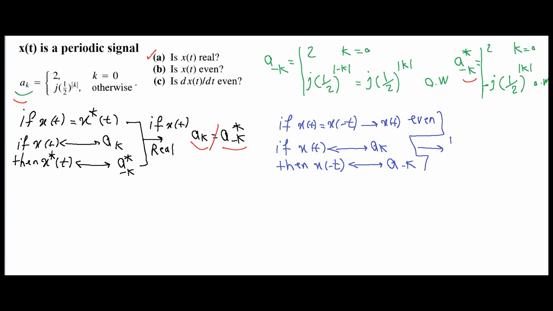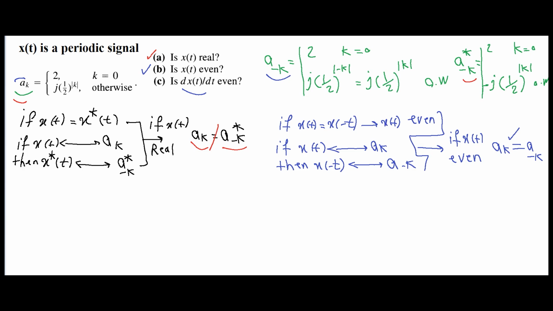So, for the signal to be even, we must have a_k equals a_{-k}. Now we compare these two. We see that they are equal, so the signal is even.